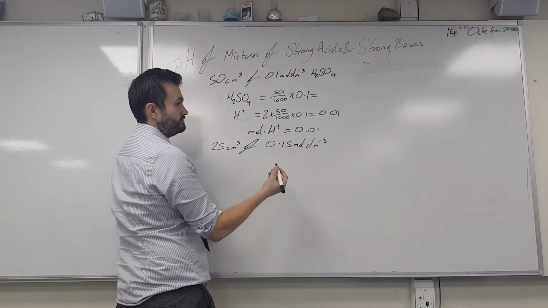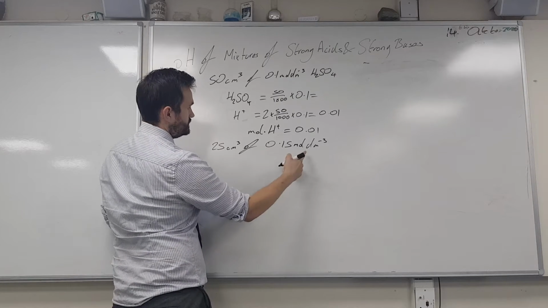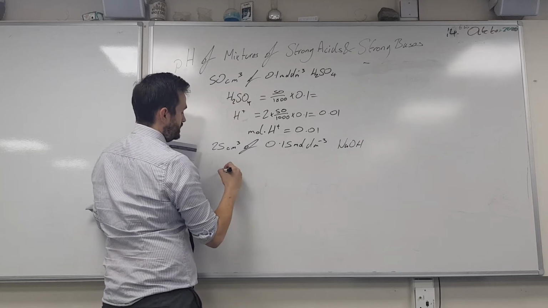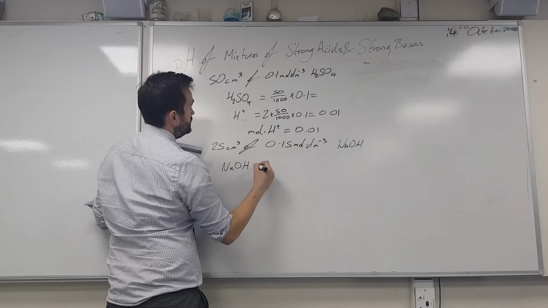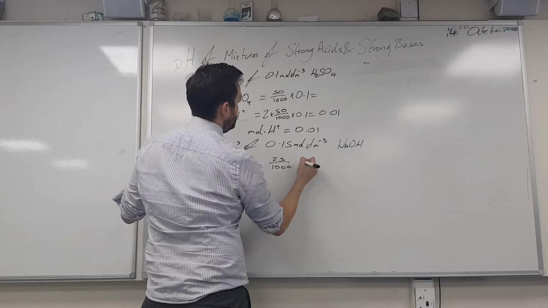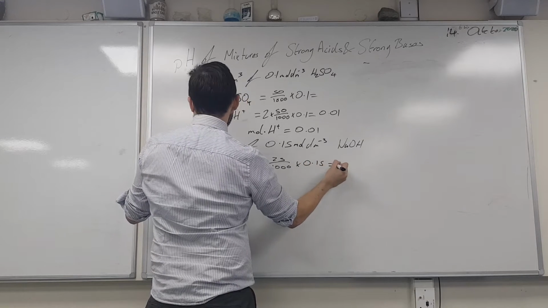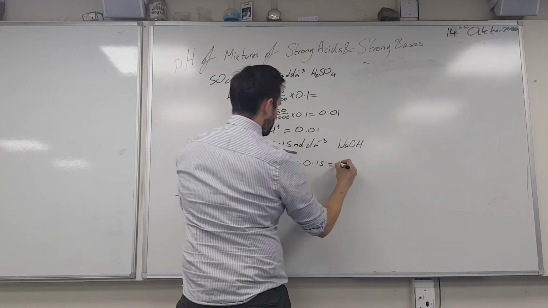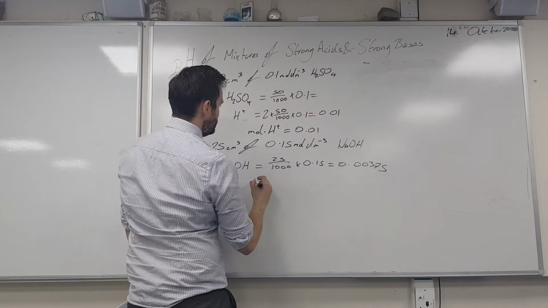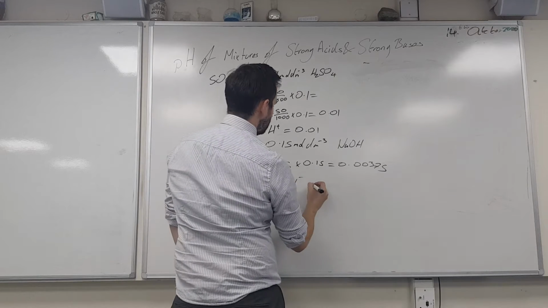We've got one hydroxide, so for NaOH it's just 25 over 1000 times 0.15, and that gives us 0.00375.